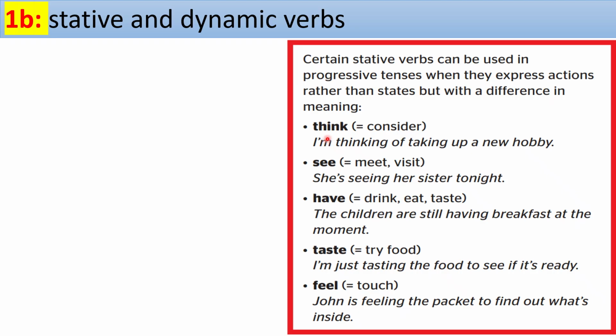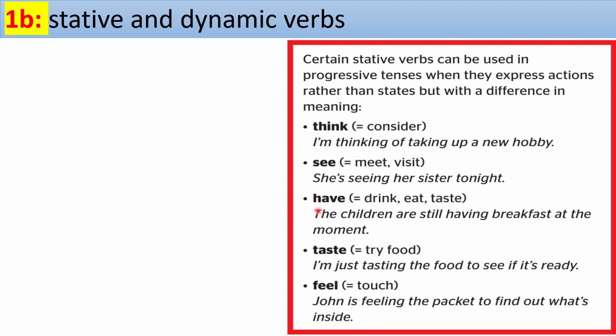So think normally is in the present simple, but if the meaning becomes consider, it will be used in the present progressive. I am thinking of, so you have the preposition of, which means to consider or to plan something. The verb see also can be used in the present progressive. She is seeing her sister tonight, which means not to see someone, but to meet someone or visit someone.